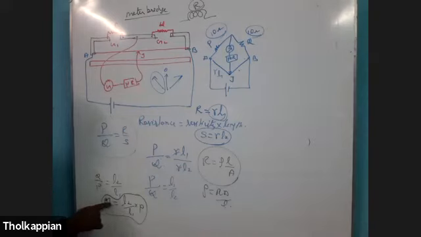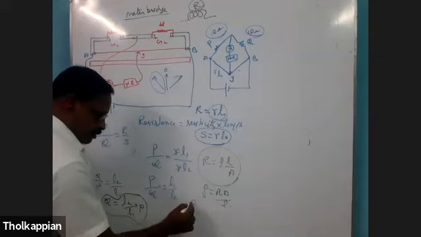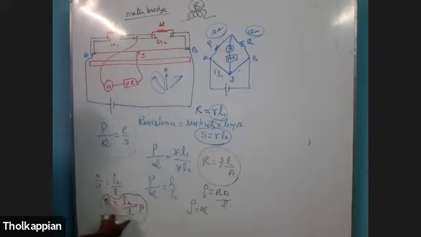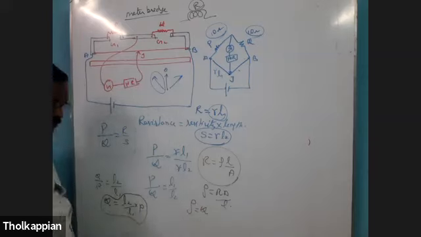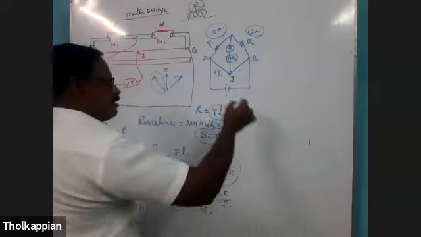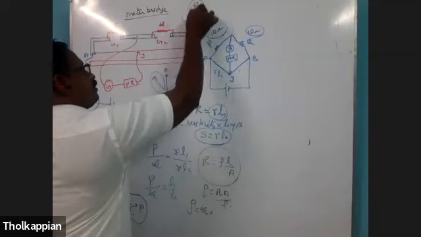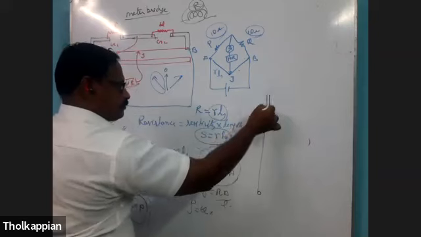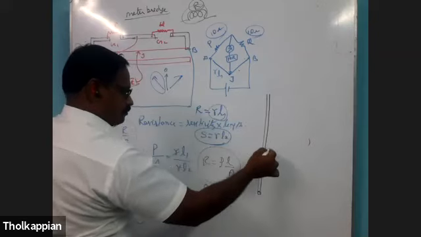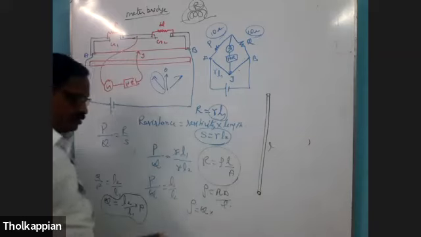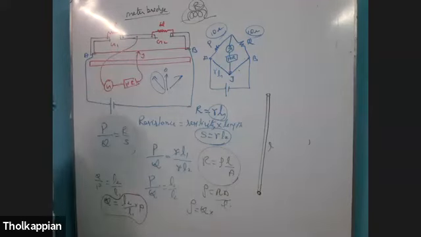Instead of R, you can write this value Q. So resistivity is equal to that resistance into area, where area is the cross section area. This is the length of the wire, and this is the area of cross section, the thickness.